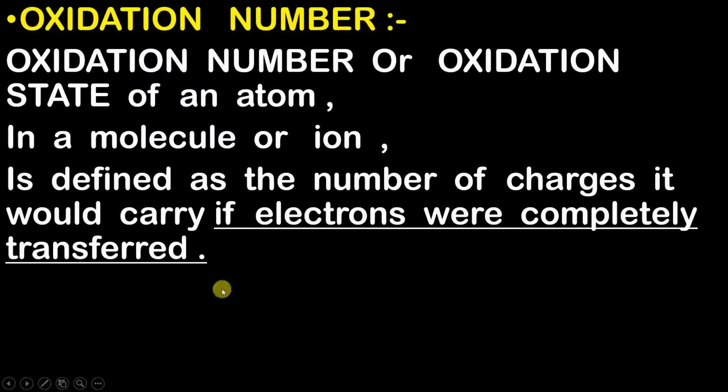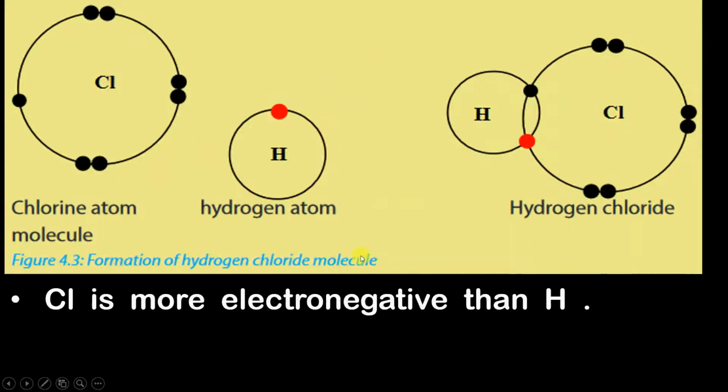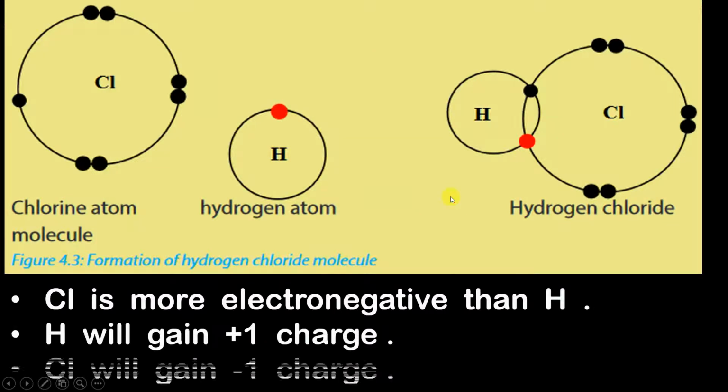Electrons were completely transferred. So according to our definition, we assume that these electrons get completely transferred, so it is obvious that chlorine will gain one extra electron, therefore it will gain minus one charge, whereas the hydrogen is going to lose its one electron, therefore it is going to gain a plus one charge. So hydrogen will gain plus one and chlorine will gain minus one charge.